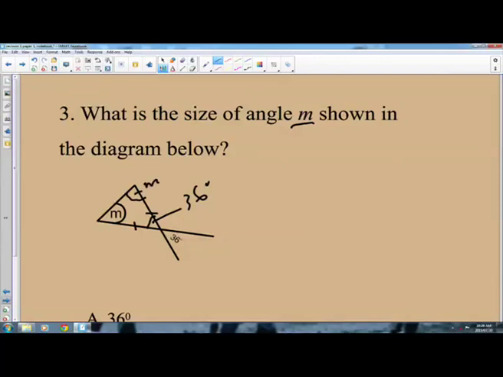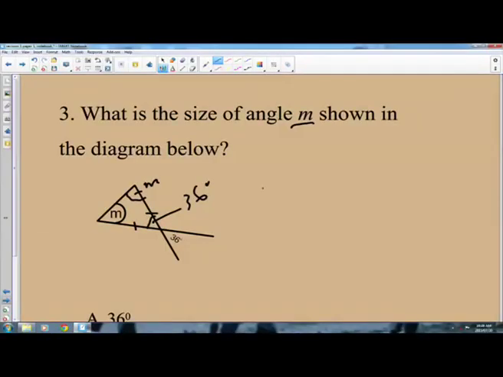And then we got a triangle here. We know that the sum of the interior angles of a triangle add up to 180 degrees. So this simply means M plus M plus 36 degrees should give us 180.